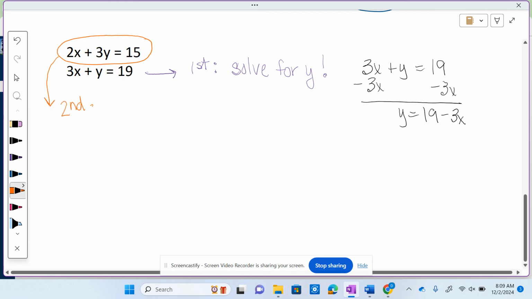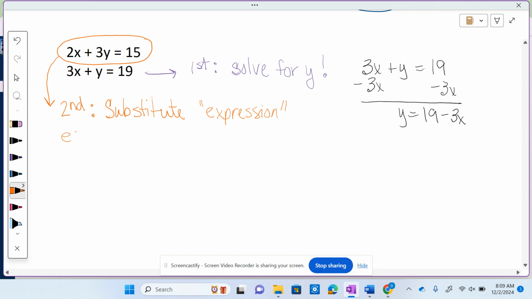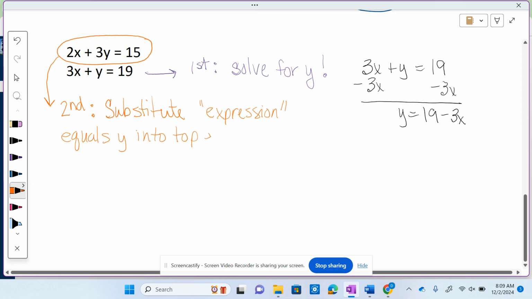So second, we are going to substitute the expression that equals y into the top equation. I'm going to substitute that expression that equals y into the top equation.